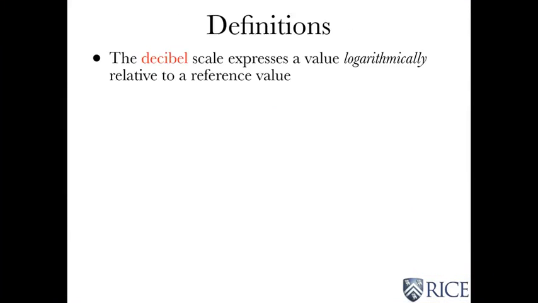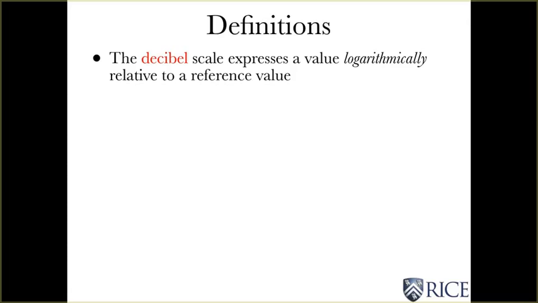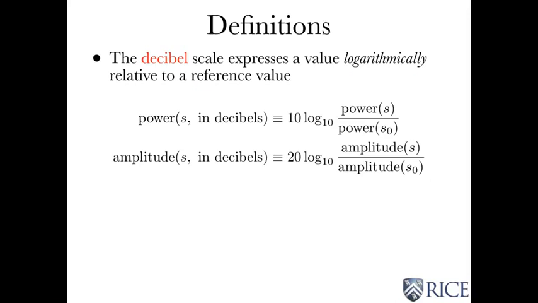Well, the definition of a decibel scale, not going into the details, but what it means is that you express a value logarithmically relative to a reference. So to see how that works, here's the explicit definition of power of a signal S in decibels.